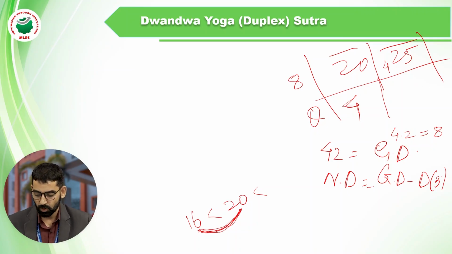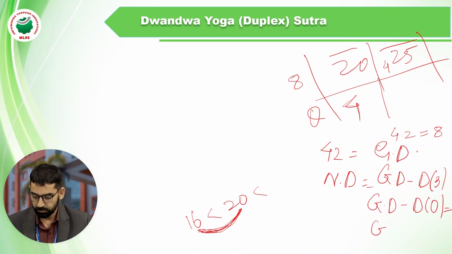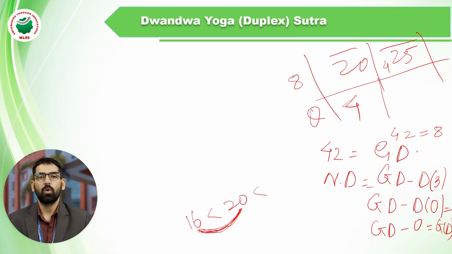So duplex of, we can see that is GD, gross dividend, minus duplex of 0, which is 0. So GD minus 0 equals GD. So here in the first case, the gross dividend and the net dividend are equal, which is equal to 42.